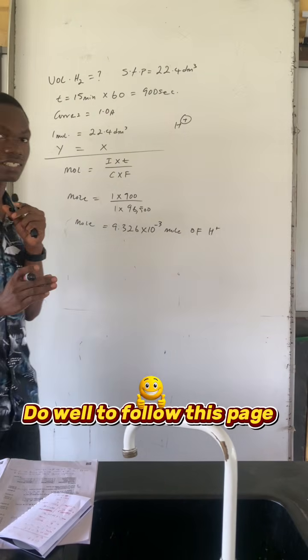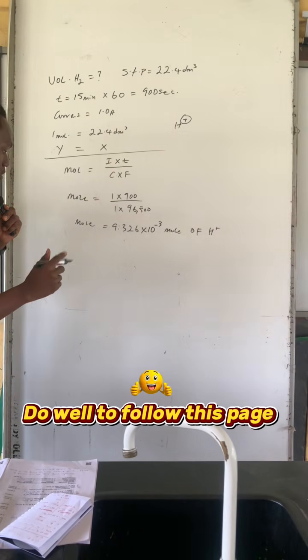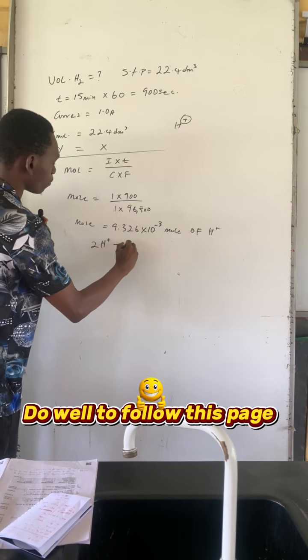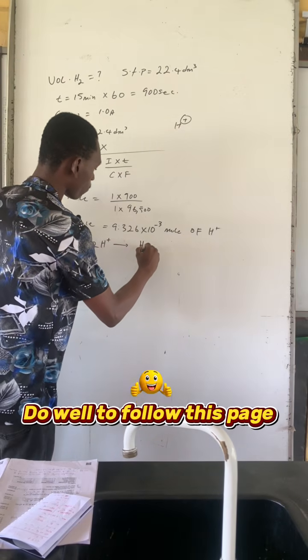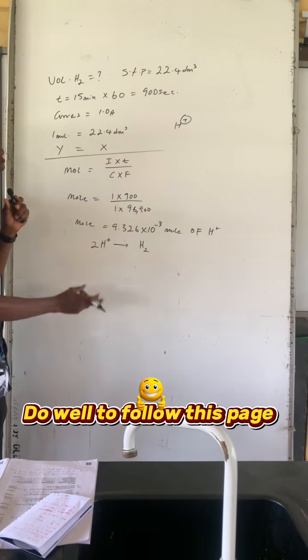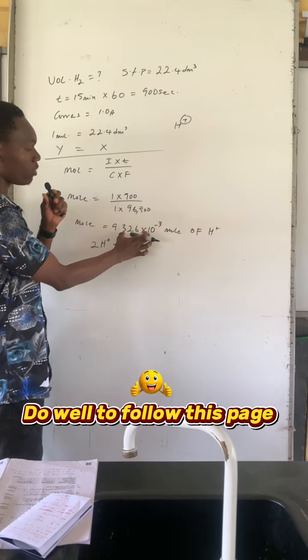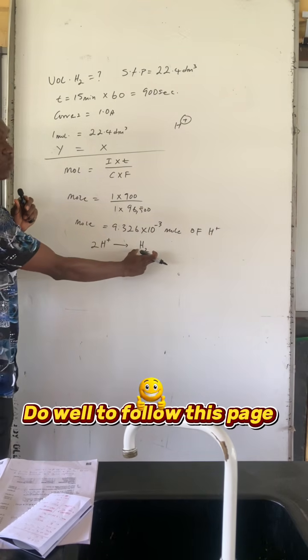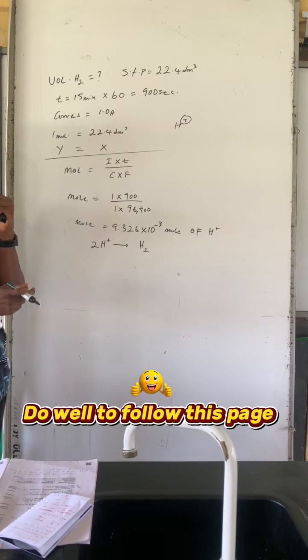But remember that in electrolysis calculation, 2 moles of hydrogen ion will produce just 1 mole of hydrogen gas. So the ratio here is 2:1. Whatever value we get for the mole of this, we have to divide it by 2 in order to equate with that of the hydrogen gas produced.